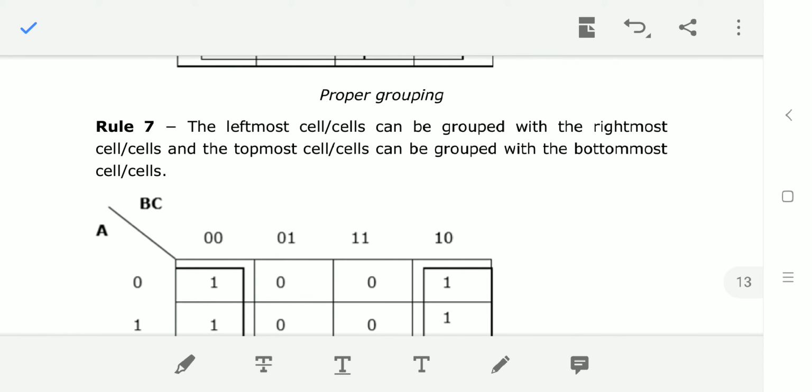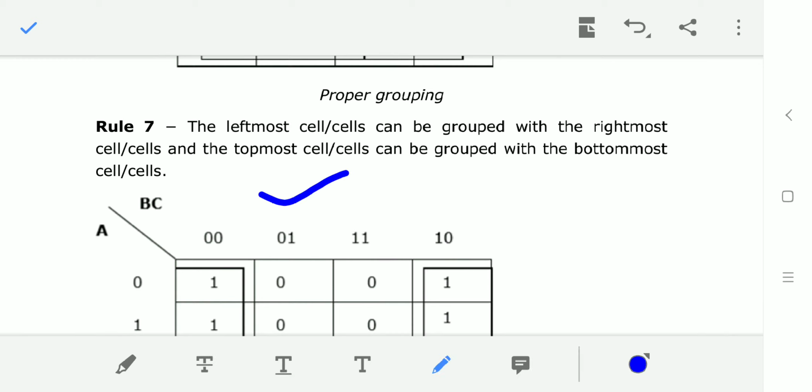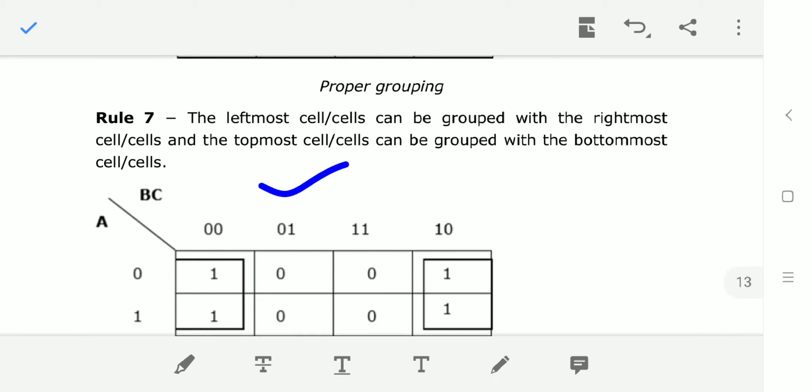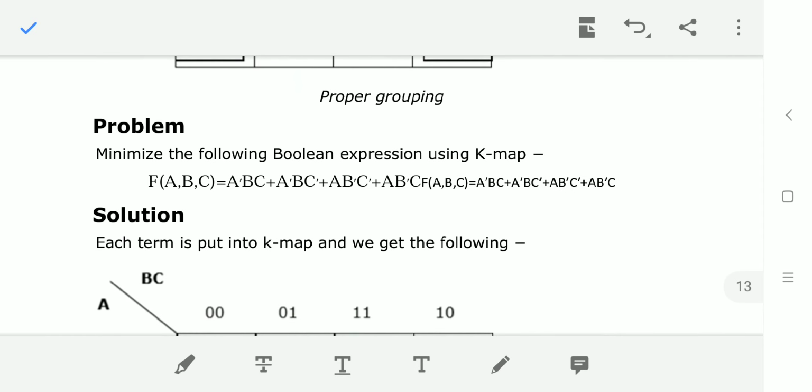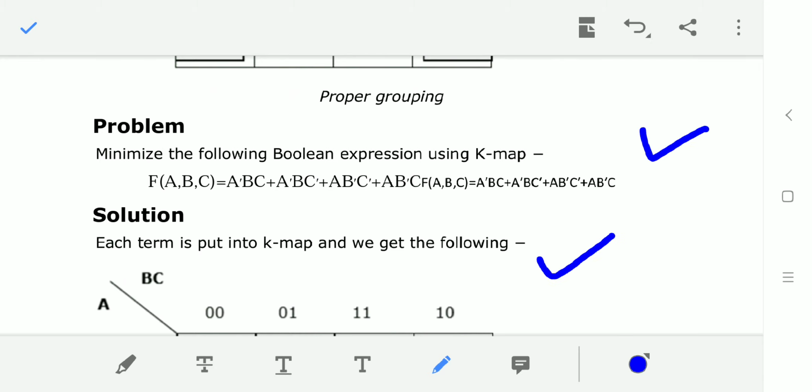The leftmost cell can be grouped with the rightmost cell and the topmost cells can be grouped with the bottommost cells. ये देखिए. This is the problem. You can pause the video and write down on your paper, and this is the solution.